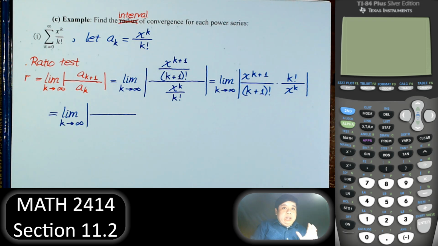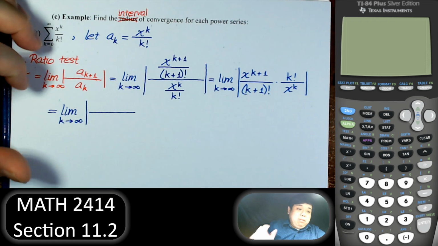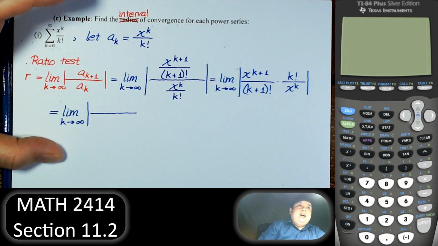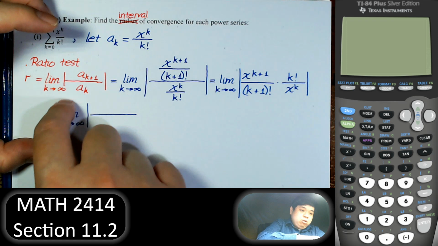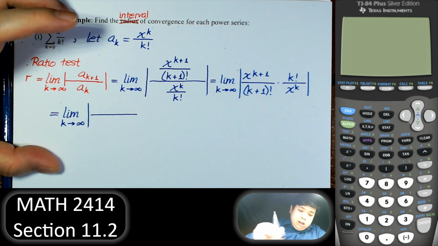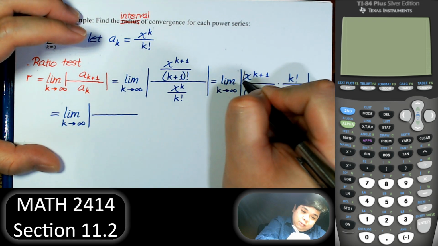Now, on this one we have to keep the absolute values because x could be negative, and absolute value turns negative into positive. So if we still have x, we should still keep the absolute values. If it is only k going from 0 to infinity, we can remove the absolute values since all of them are positive.